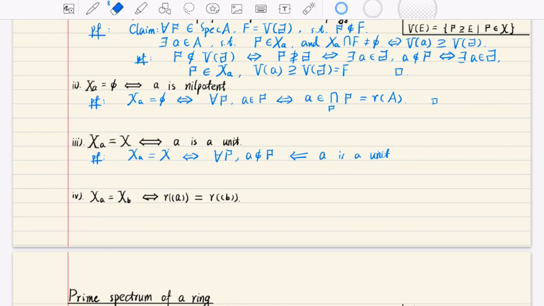Otherwise, P is not a prime ideal, P is the ring itself. So this direction is easy.